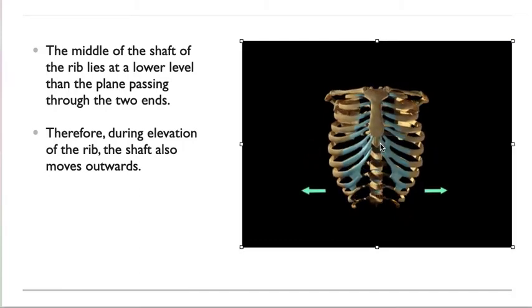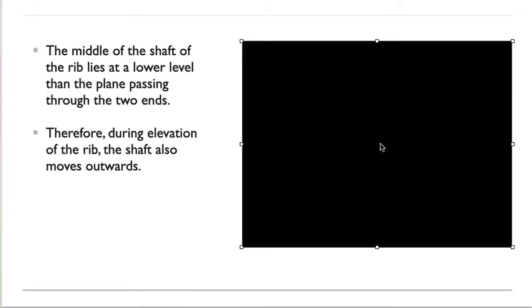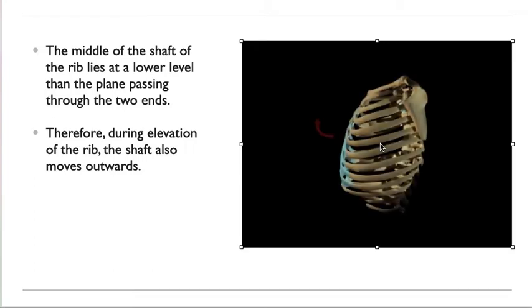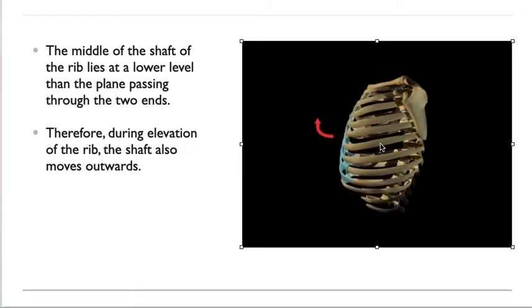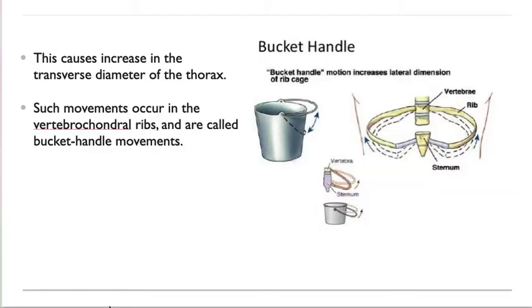The middle of the shaft of the rib lies at a lower level than the plane passing through the two ends. Therefore, during elevation of the rib, the shaft also moves outwards.